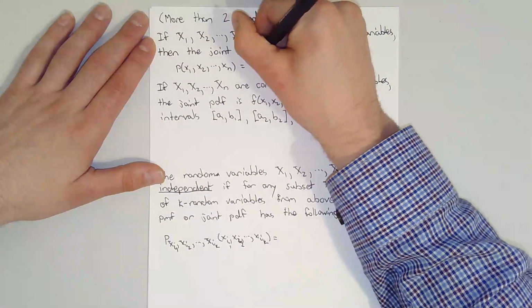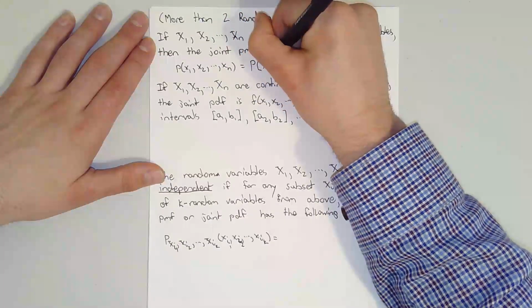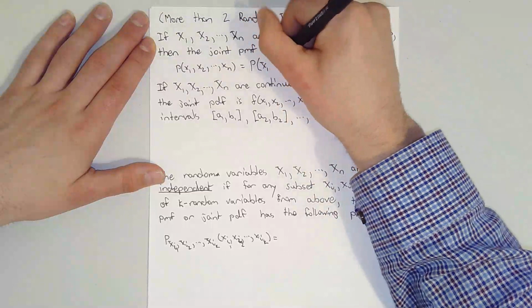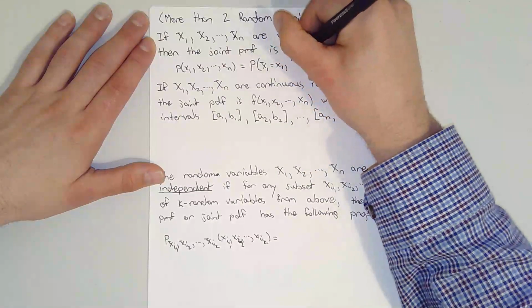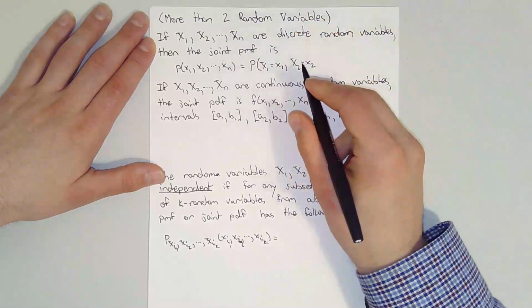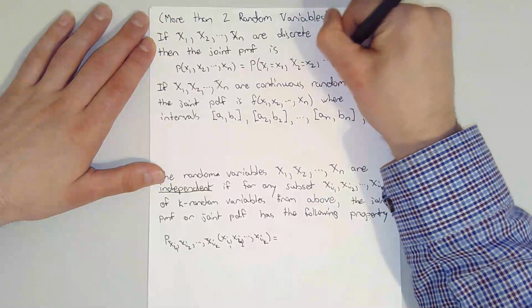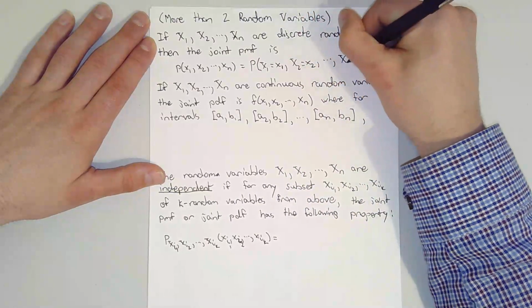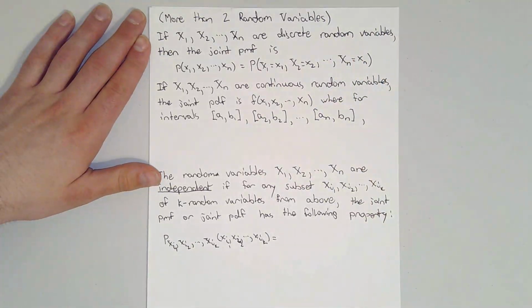This, by definition, is the probability that the random variable capital X sub 1 is equal to the value little x sub 1, capital X sub 2 is equal to little x sub 2, and so on and so forth. And it's given like so.